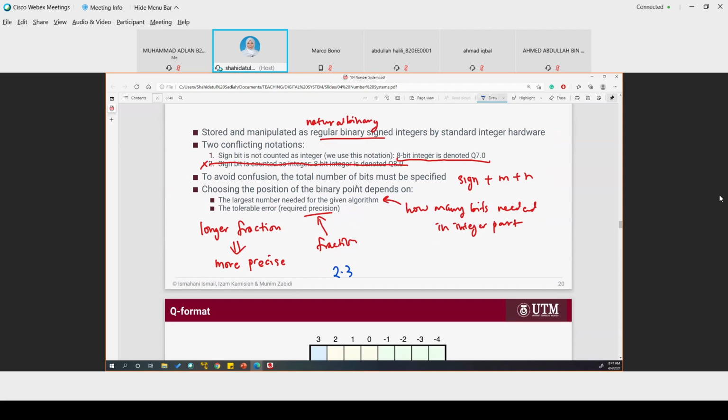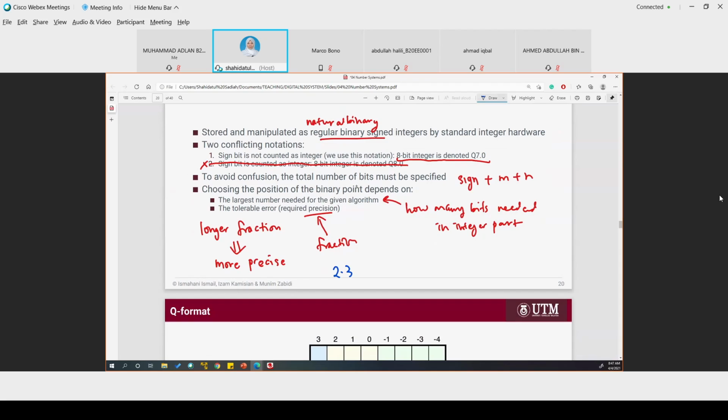But for fractions in these fixed-point numbers, the integer part has its own calculation. I think you have learned this in digital electronics. So this is 2 to the power of 0, 2 to the power of 1, 2 to the power of 2, and 2 to the power of 3.